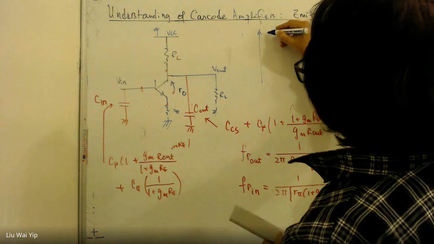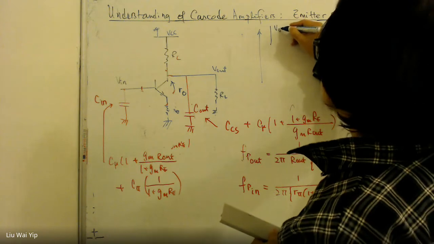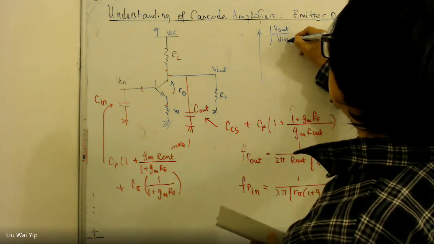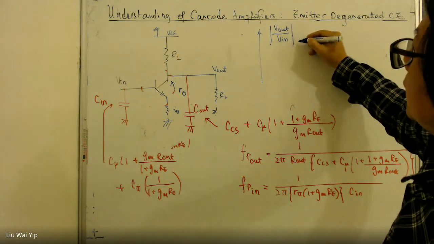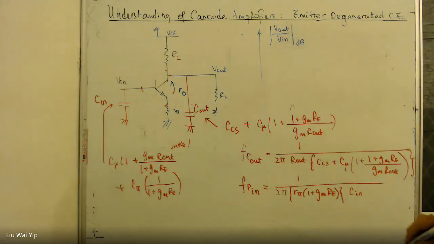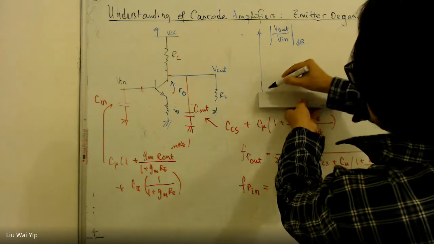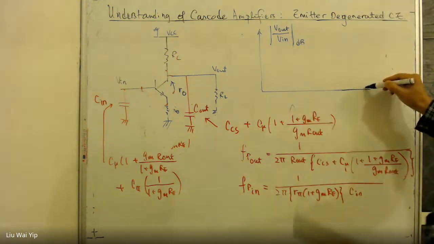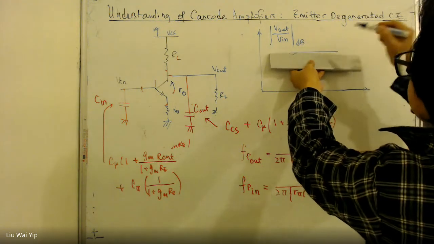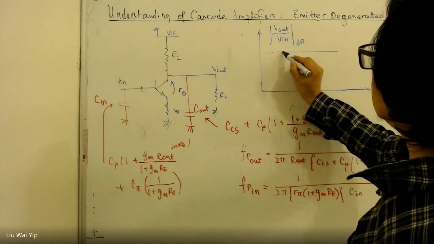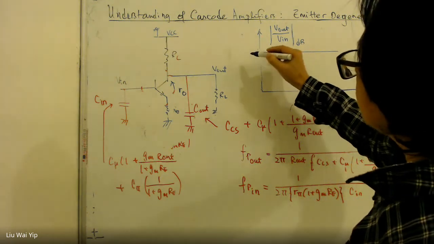We will have the vertical axis in the form of voltage gain, V out over V in, and it has to be measured in dB. And the frequency response will appear like this. And this is the so-called mid-band gain. The mid-band gain is given by A_V.